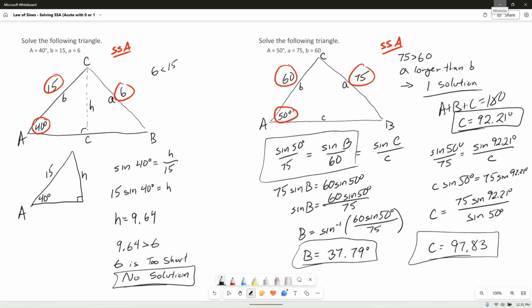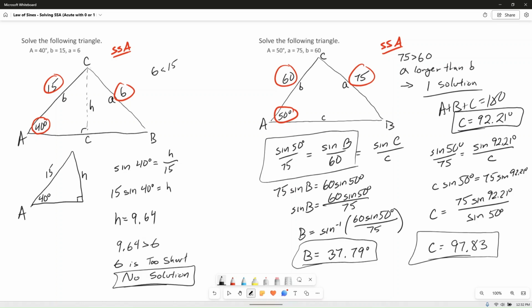Now, one thing just to kind of check ourselves quickly, again, this is not going to tell us for sure that we have the right answer, but it can hopefully give us some peace of mind. Remember that the law of sines gave a relationship, a proportionality, between the measures of the angles and the lengths of the sides. So the longest side should correspond to the greatest angle, and the shortest side should go with the smallest angle.